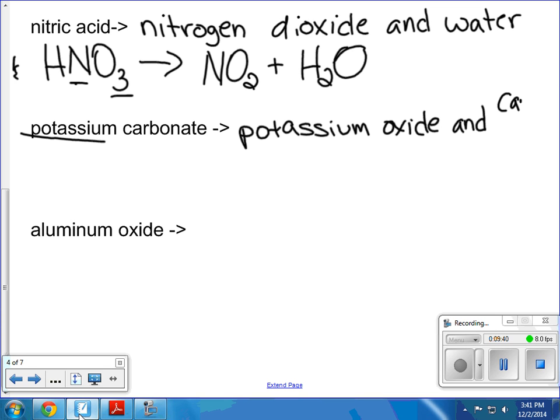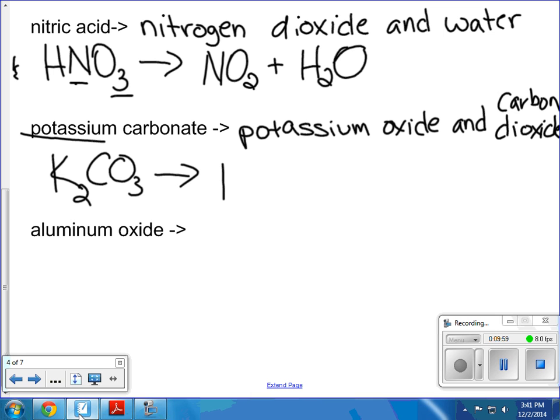I'm out of room, so I'm going to write it on top. All right, so if we write our formula, potassium is K, carbonate is CO3. It has a -2 charge, so we need a 2 here. Put our yield sign. Potassium oxide. Potassium's K, oxygen's O. We have a +1 and a -2, so we have K2O. And then carbon dioxide is covalent, so we just have to write it the way it is written out. We do not have to cross any charges. All right, so that is our metal oxide and carbon dioxide.